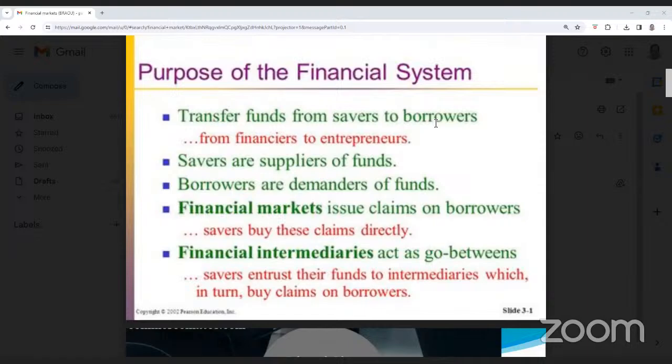Is it clear? So the savers will get the claims directly, that is an interest. And financial intermediaries act as a go-between: savers entrust their funds to intermediaries, which in turn buy claims on borrowers. Are you getting my point?